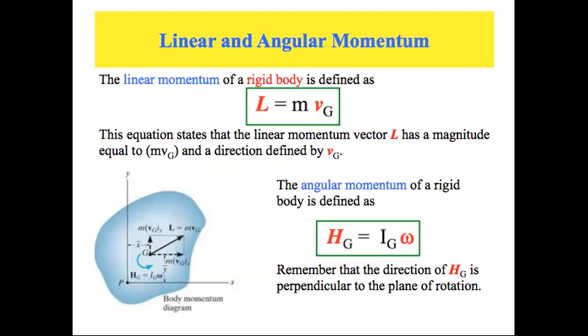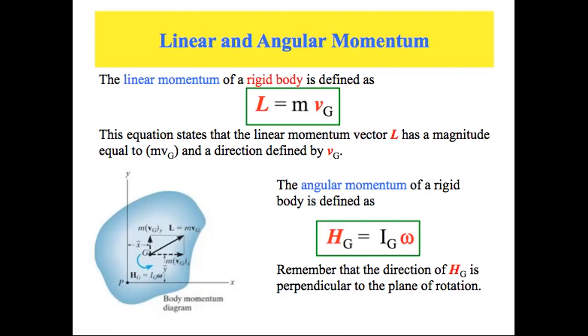The angular momentum of a rigid body is defined by this equation, and as you can see, the angular momentum about point G, the center of mass, equals the moment of inertia about the center of mass G times omega. Remember that the direction of HG is perpendicular to the plane of rotation.